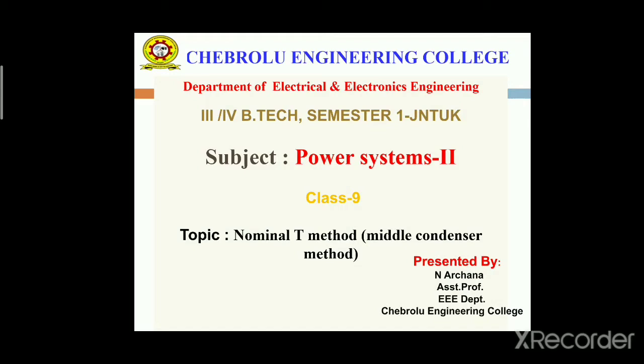In the previous class I discussed the end condenser method and we solved a problem related to it. Now, in the present class, I am discussing the nominal T method.